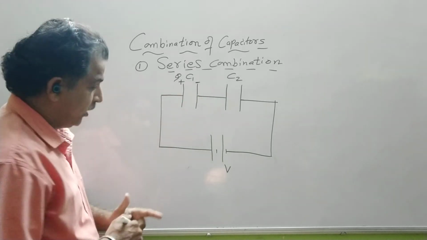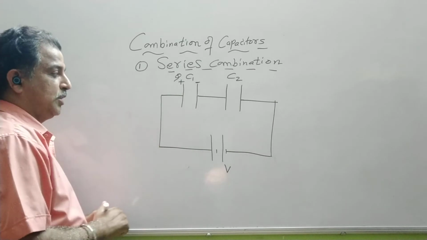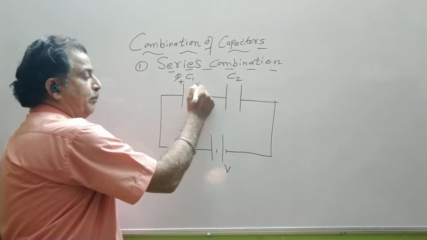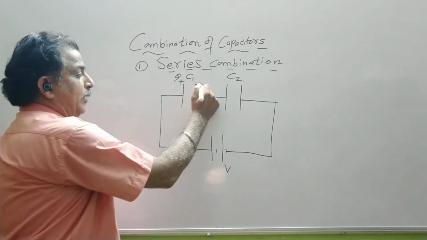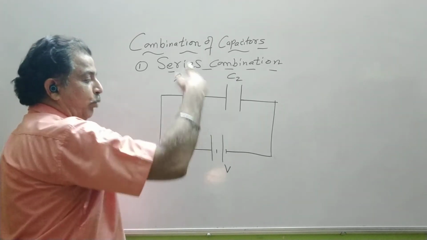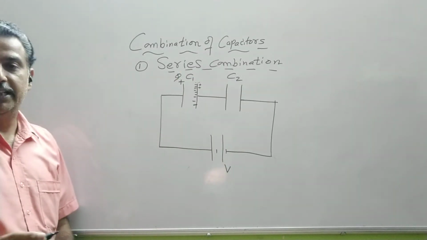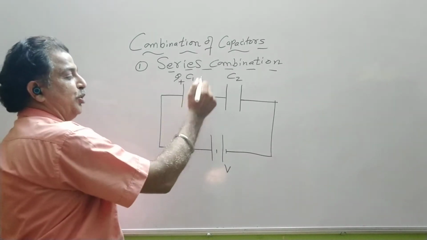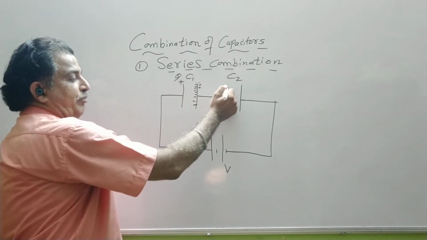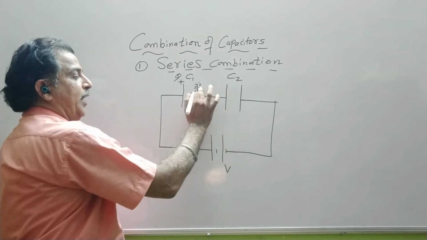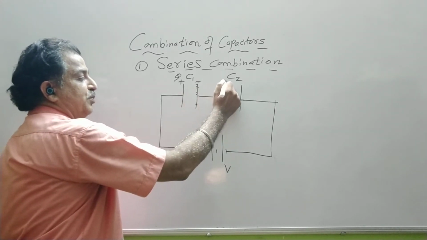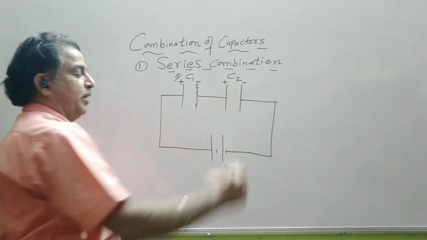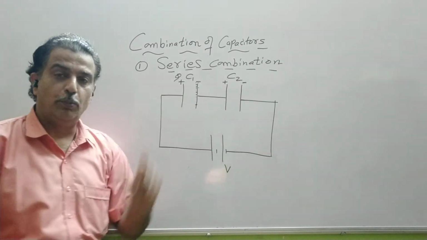So the construction is, when this plate becomes positively charged, the inner plate becomes negatively charged. The outer side of this plate has a deficiency of electrons, so it becomes positively charged. So the free electrons will move from this plate. As a result, this plate becomes positive, and again this plate becomes negative, with a low potential.